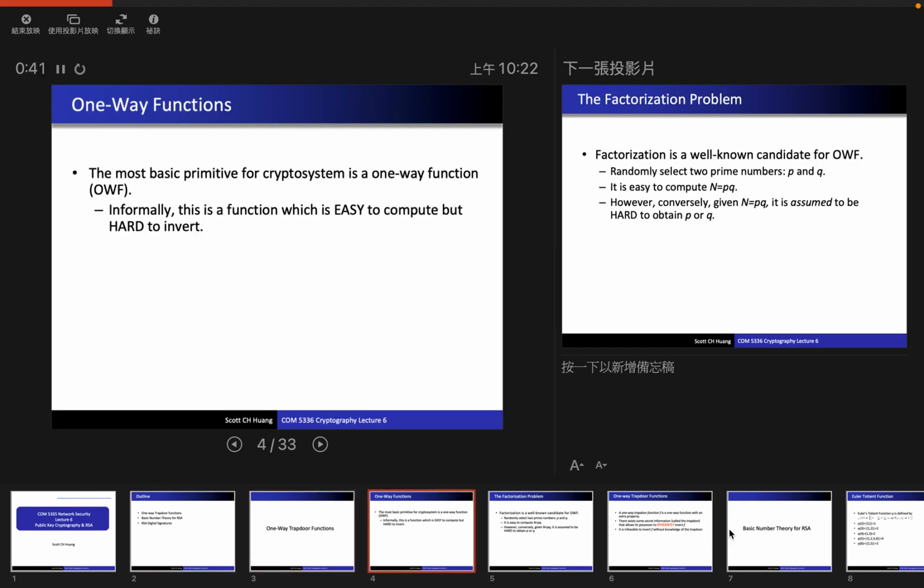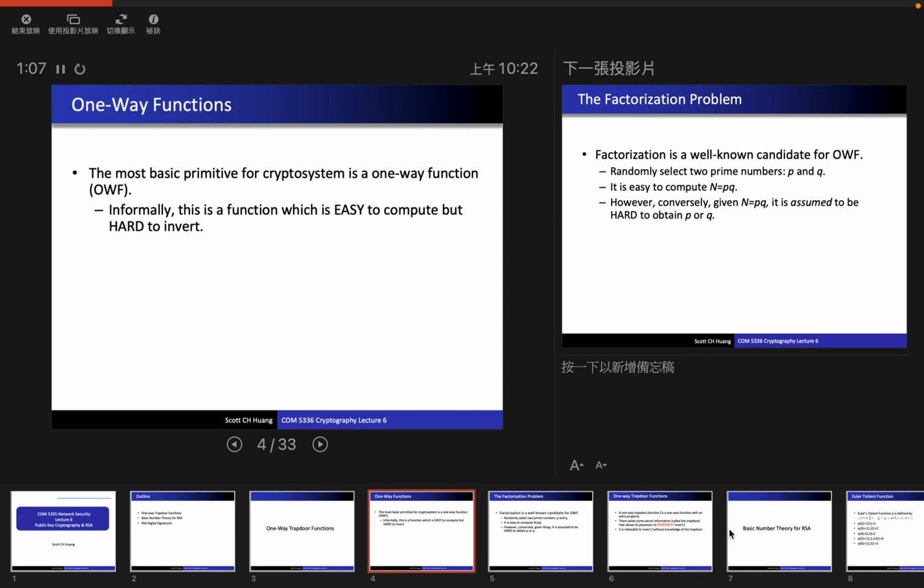Number one, a one-way trapdoor function. So what's a one-way trapdoor function? It's a one-way function with a trapdoor. We'll talk about the trapdoor later. So let's first talk about the one-way function. That's the most basic primitive for crypto systems, the most important building block. Informally, that's a function which is easy to compute but hard to invert.